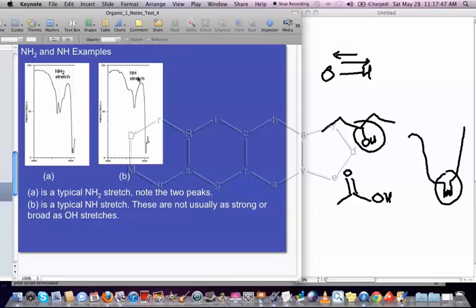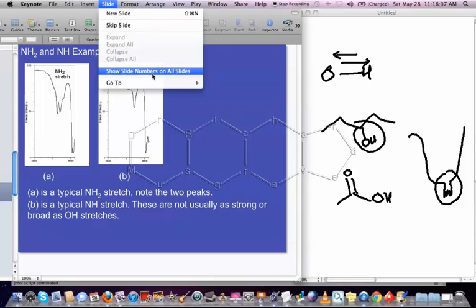The NH stretch looks a lot like one of the NH2 peaks, so you'll just see a single peak for the NH stretch. The way you can distinguish an NH from an OH is that an NH is going to be weak to medium and won't be nearly as broad as our OH stretch. I'll just go back and show you that.